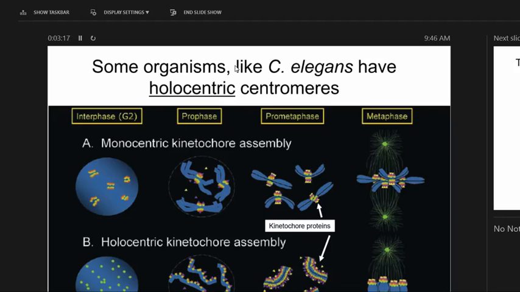So you can see these are chromosomes, and the blue here is a dye that stains DNA non-sequence specifically. When the chromosomes are not compacted, you can see the blue is kind of diffuse, but there are certain spots where the centromeres are located, right?